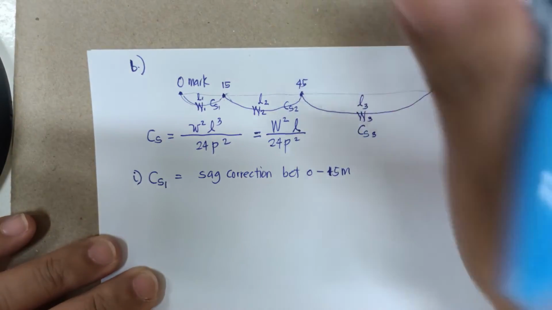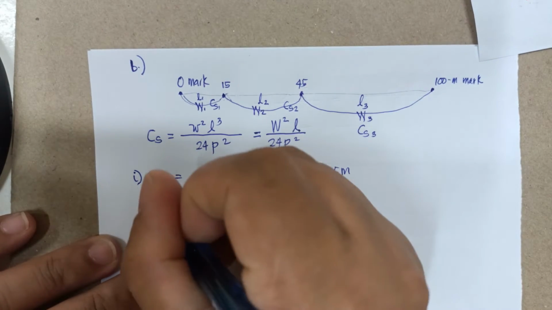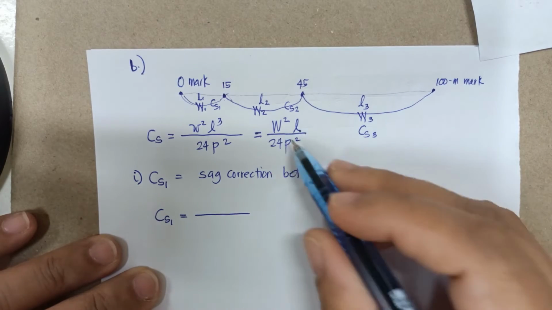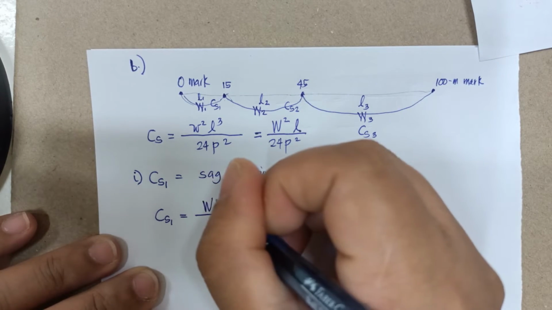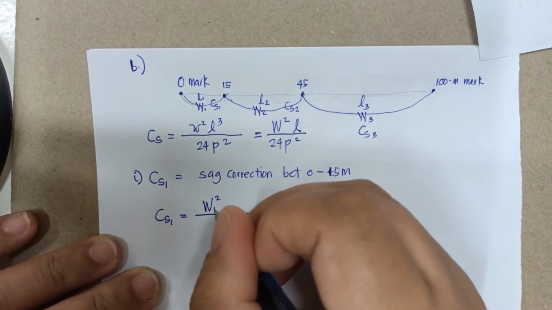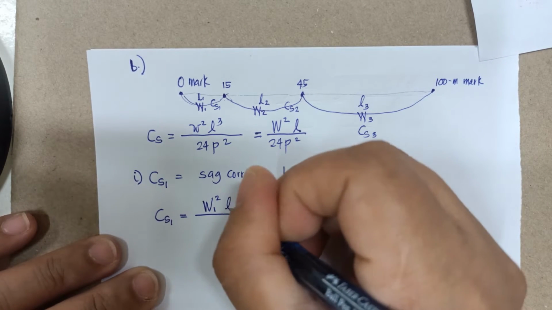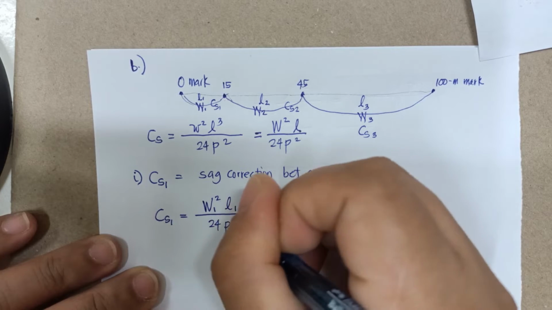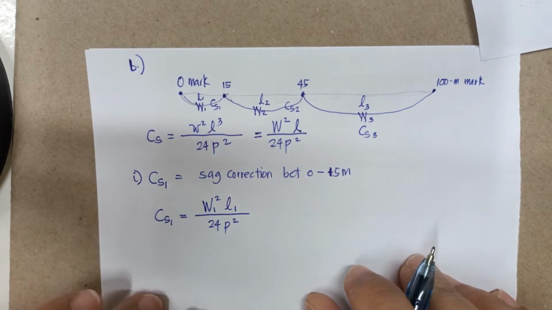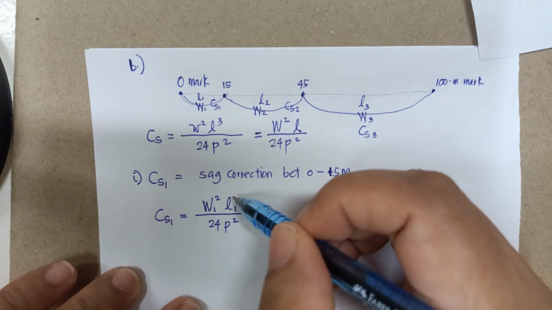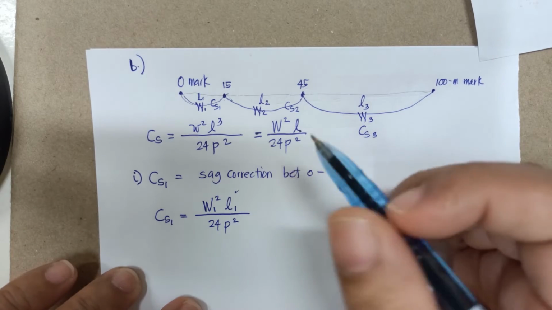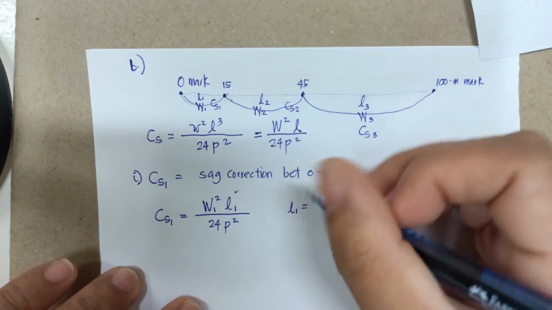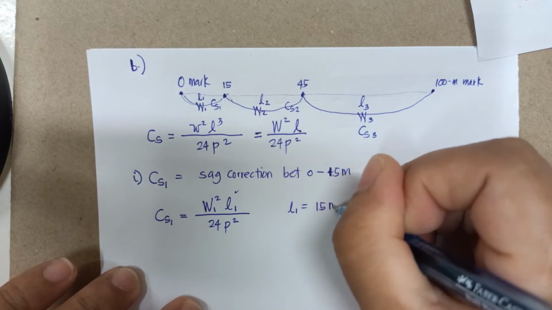So CS sub 1 is equal to W squared, this is also sub 1, times L1 divided by 24p squared. We already have the value of L1. L1 here is equal to 0 to 15, of course that is 15 meters.